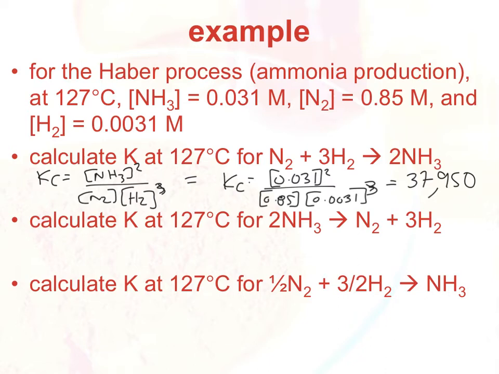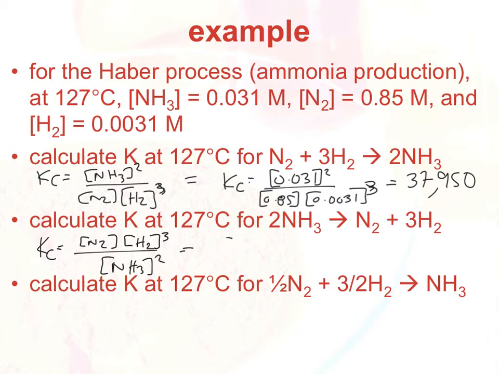So if we go ahead and look at the next example problem, obviously we are now dealing with the reverse reaction. So these are our products, so they go up on top, and that's going to be divided by the concentration of our reactant.